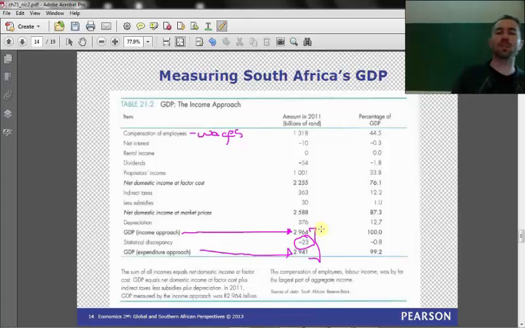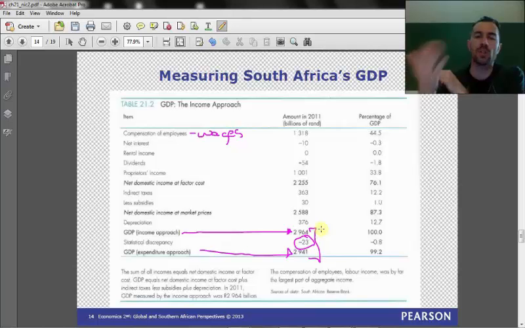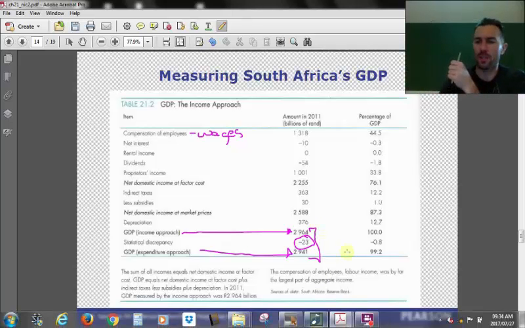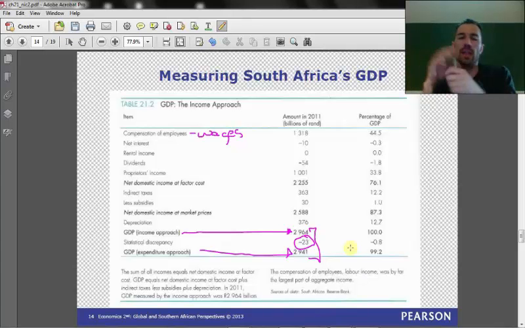But yeah, these are the two that we care about. These are the two that you will normally encounter if you look at a country's national statistics. But bear in mind that national statistics are only as good as the data that we produce.